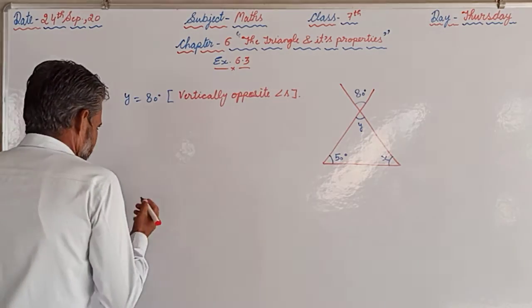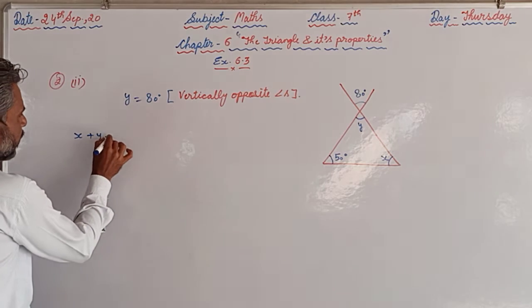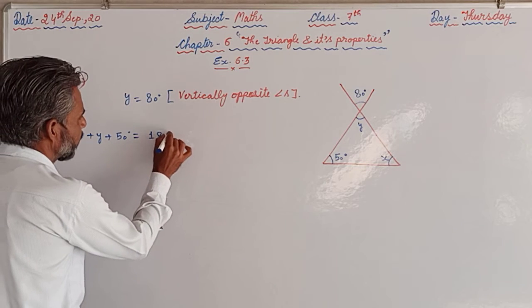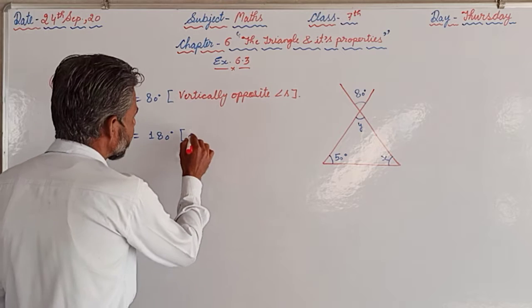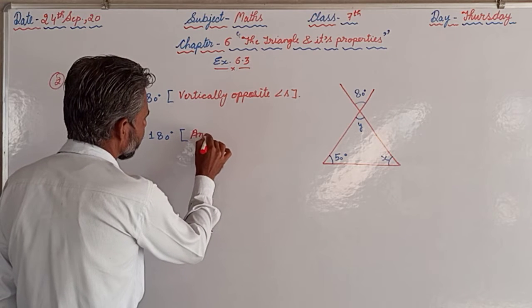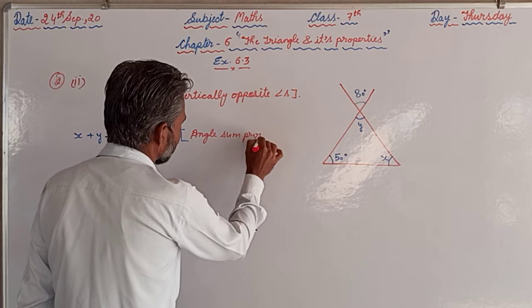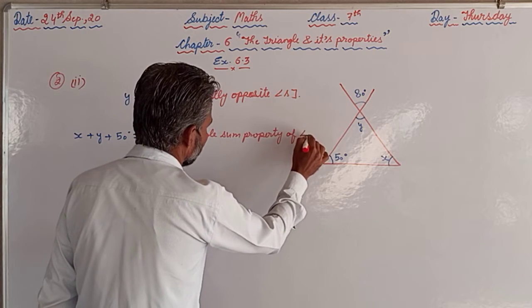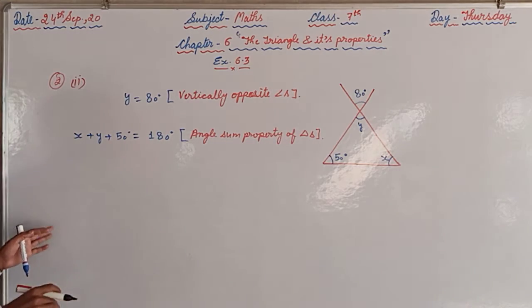And now we can write x plus y plus 50 degree is equals to 180 degree. Again we have to write the reason for that, and reason will be angle sum property of triangle. Sum of the angles of a triangle is 180.